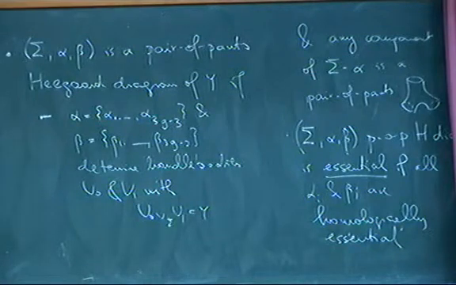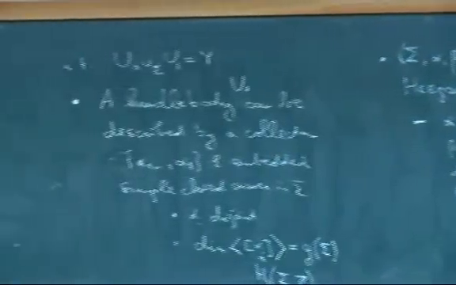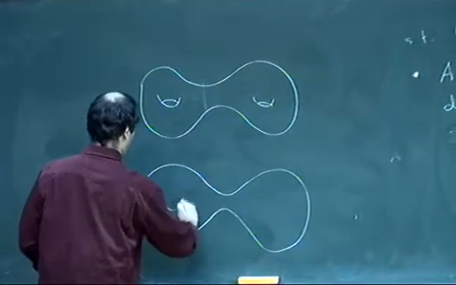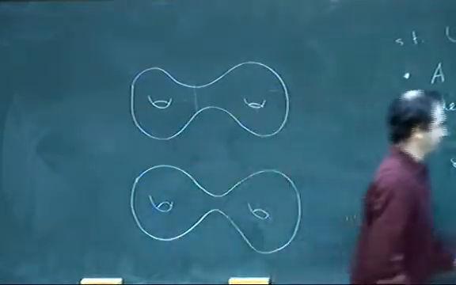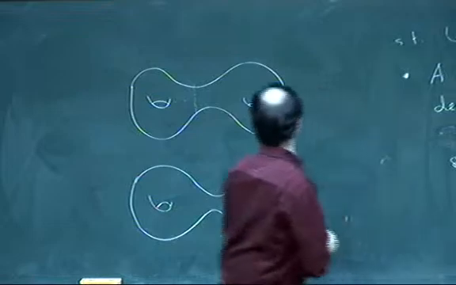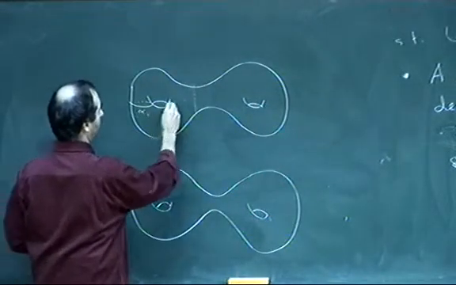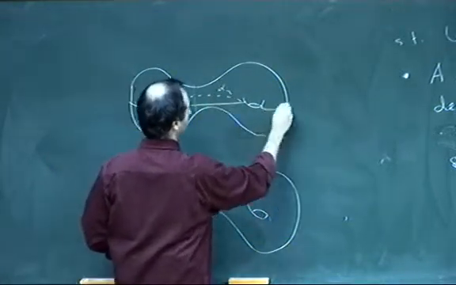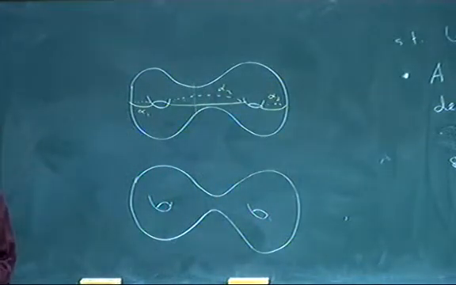Let me give you two examples on the genus 2 surface. Let's use the yellow. If I take this to be my alpha 1, this my alpha 2, and this alpha 3, then obviously this is a pair of pants decomposition.